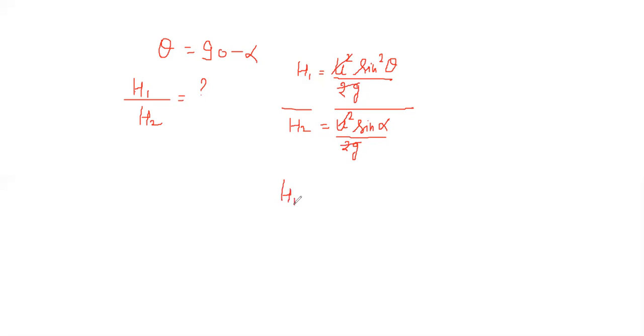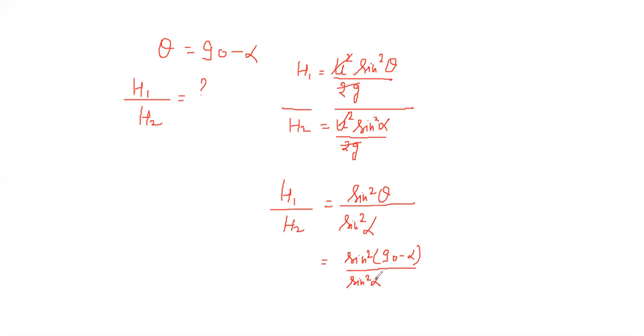So we get H1 upon H2 equals sin square theta upon sin square alpha, and we know that theta equals 90 minus alpha, so we write sin square (90 minus alpha) upon sin square alpha.